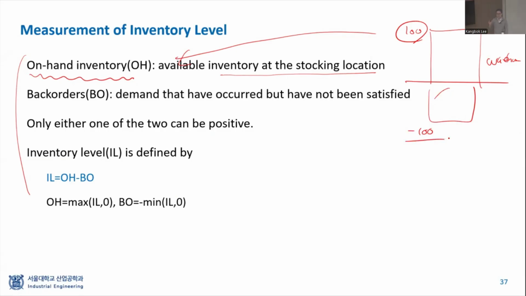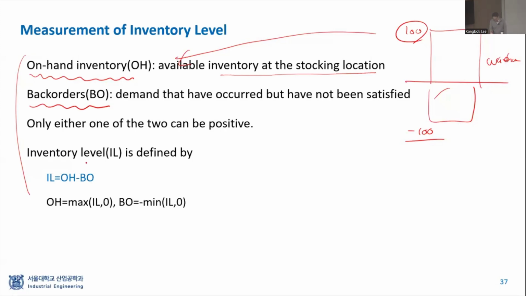Is it possible? Yes. Sometimes my customer demand is much higher than the products that I have in my warehouse. So my warehouse is empty, but I still have certain customers who are waiting for the parts. In that case, I can say that I have some back orders.